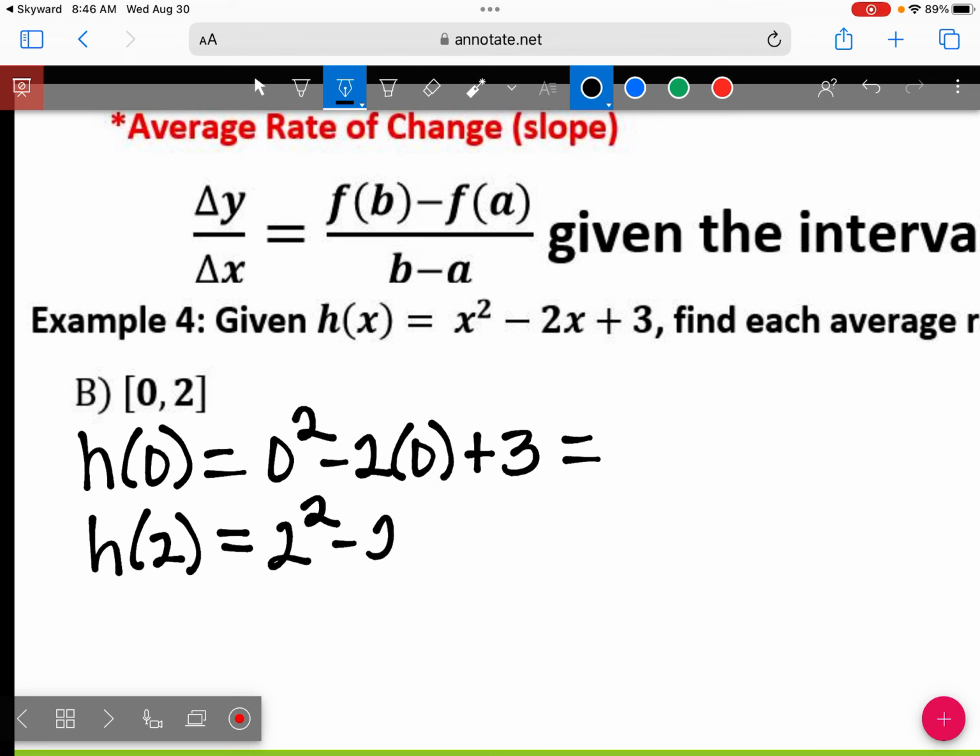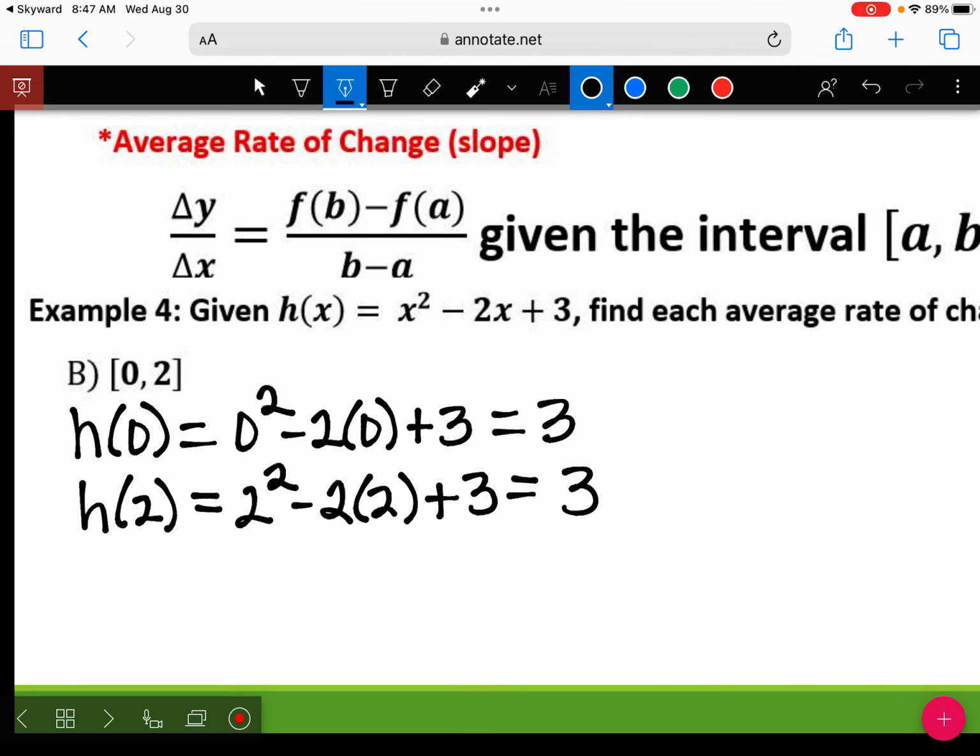And then 2 squared minus 2 times 2 plus 3. So who got 3 for both?